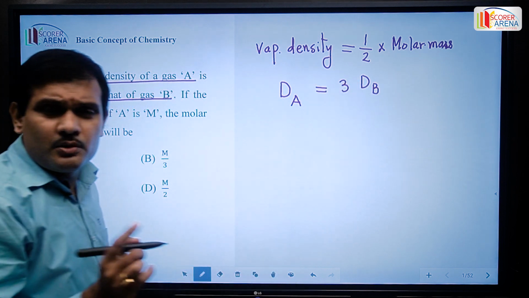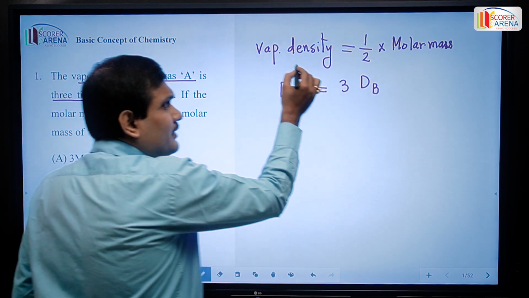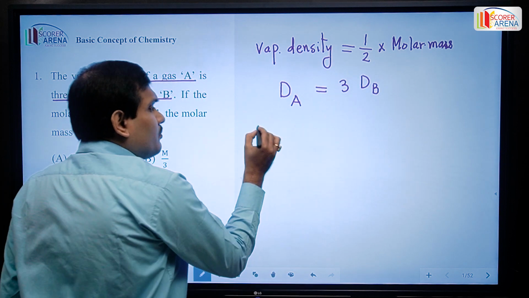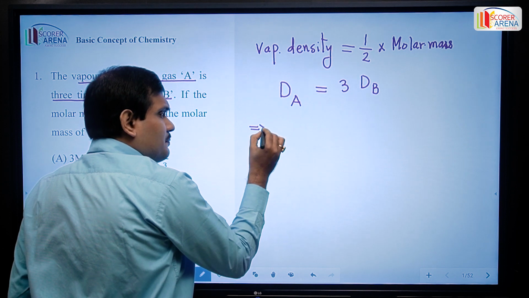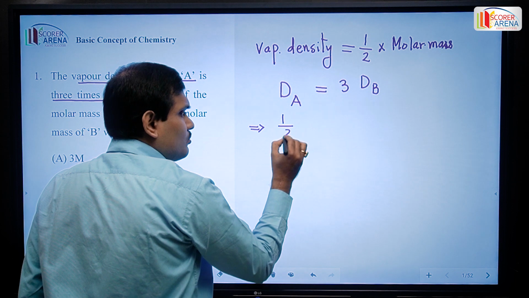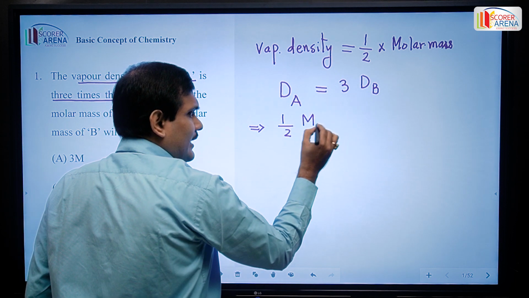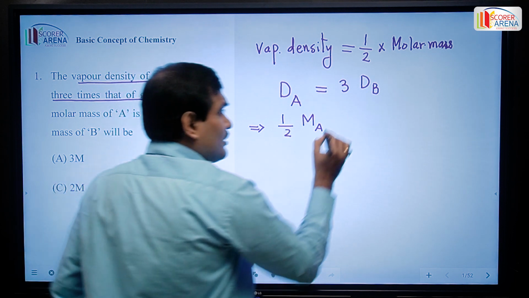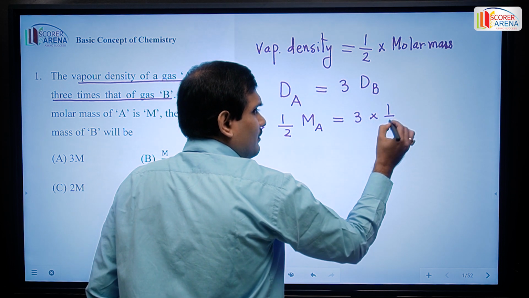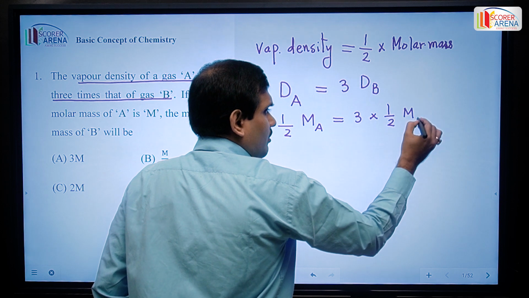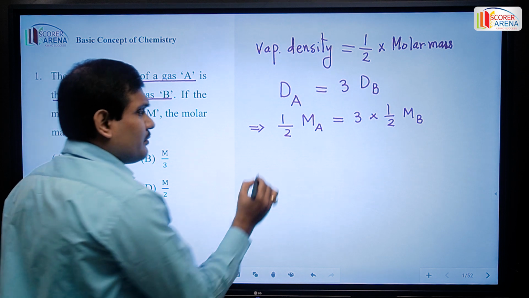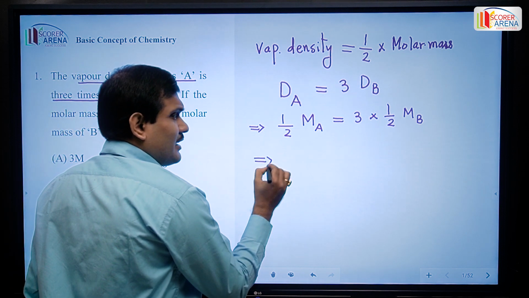Now, if we put this relation, vapor density equals half into molar mass, we can replace these vapor densities: half into molar mass of A is equal to 3 into half molar mass of B. If we cancel out half from both sides, we have this relation.